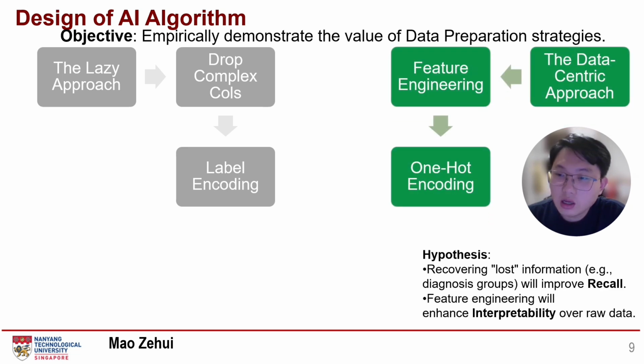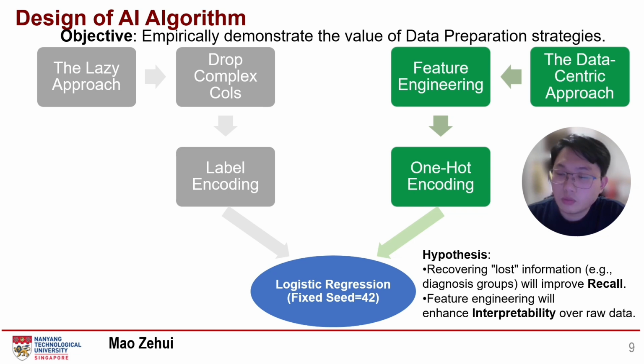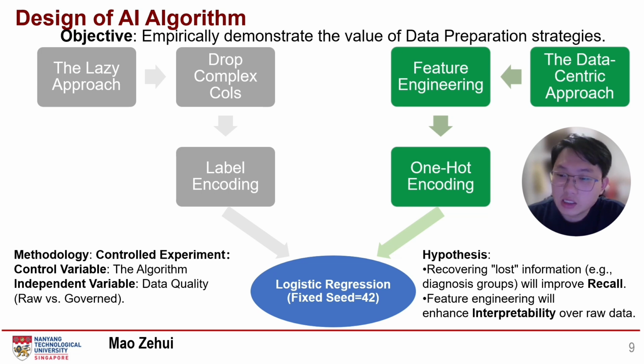On the right is our governance workflow, utilizing all the engineered features we built in part 2. Most importantly, to ensure a fair comparison, we kept the machine learning algorithm constant. We use the exact same logistic regression with the same random seed for both pipelines. This ensures that any performance difference we see later is strictly due to data quality, not model tuning.